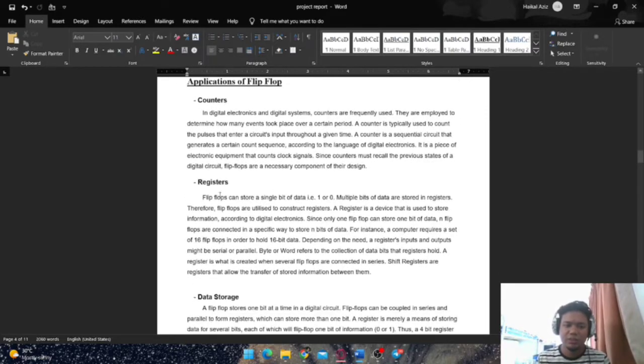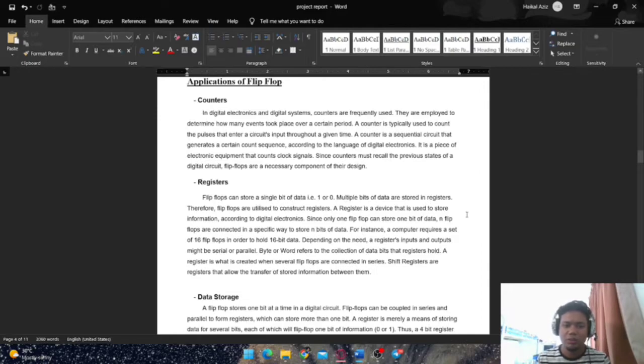Next, register. A flip-flop can store a single bit of data, i.e. 1 or 0. Multiple bits of data are stored in a register. Therefore, flip-flops are utilized to construct registers. A register is a device that is used to store information, according to digital electronics.